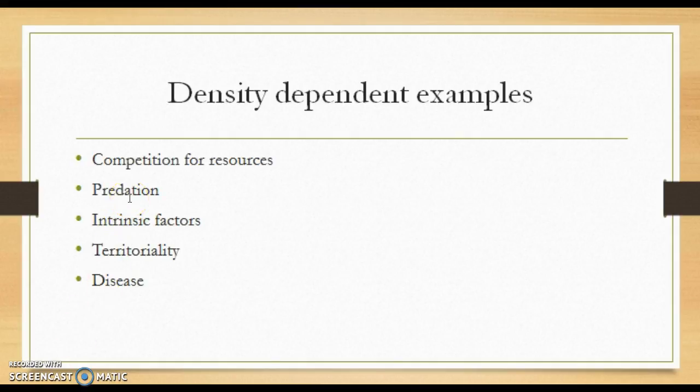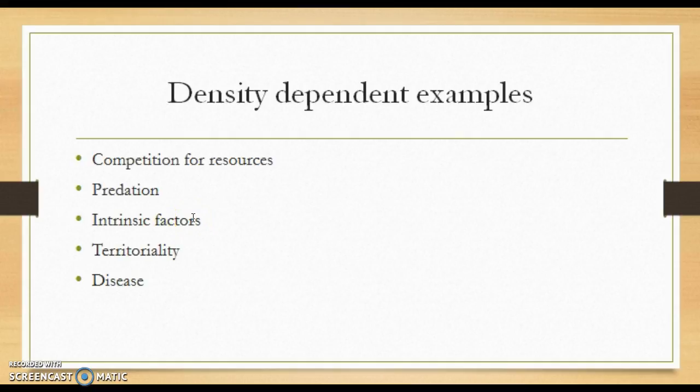Predation would be another one. Predators depend on a food source. Take away that food source and predators go down. Intrinsic factors. These are built-in mechanisms, if you will, where certain organisms will literally stop reproducing when populations get to be of a certain size.